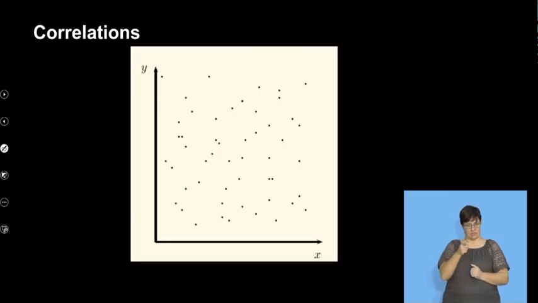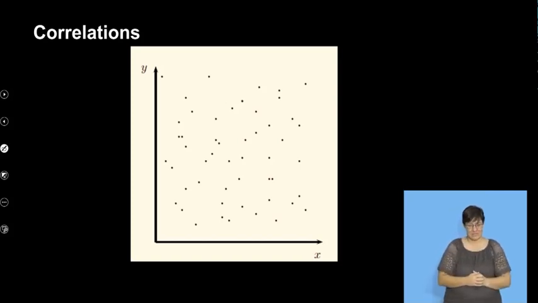And what about this one now? Can I fit a line? Can I go up, down? Can I fit a line going up, down? Or is there correlation? I don't think there's a negative correlation or positive correlation. I don't think there's a correlation there.